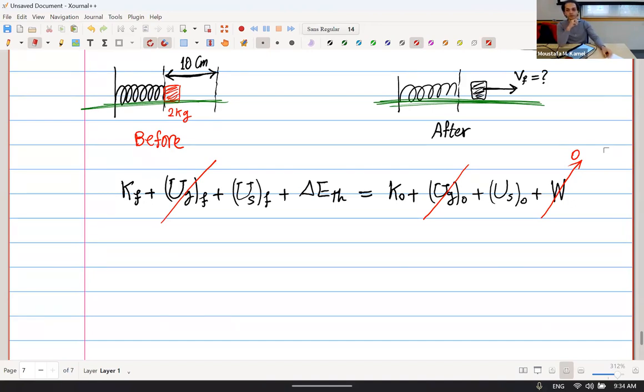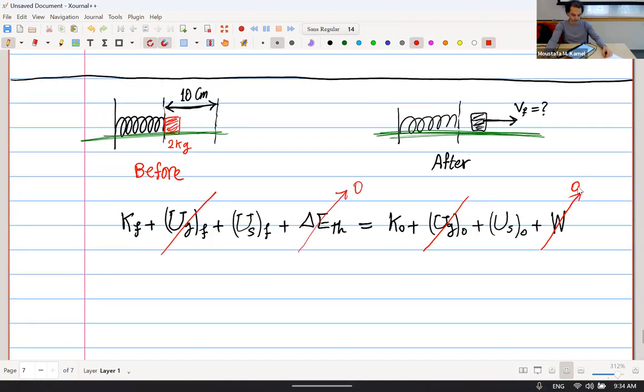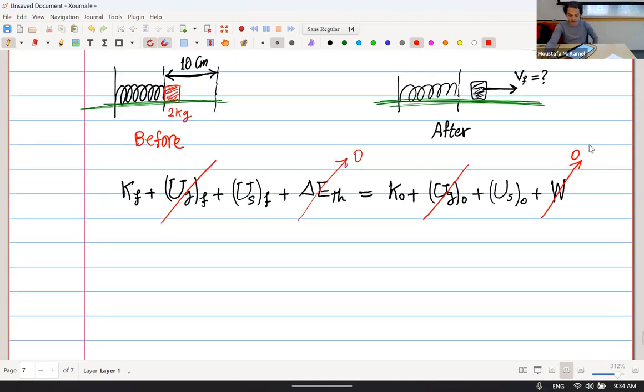What else? Yes. There is no friction acting on the block, so this is also zero. Okay, now we have 4 quantities left. Do we have any more zeros?